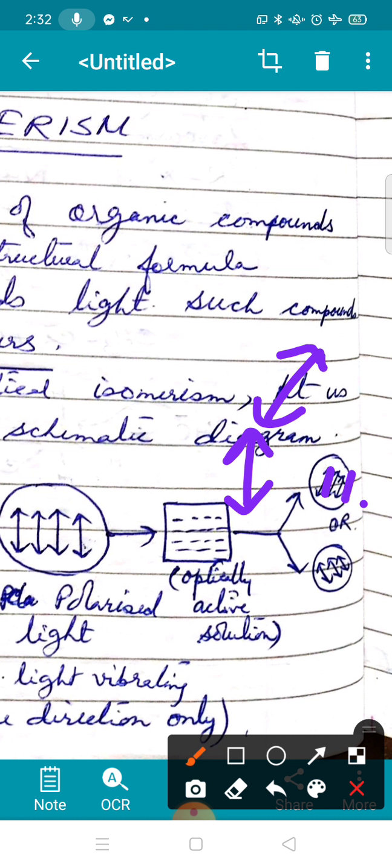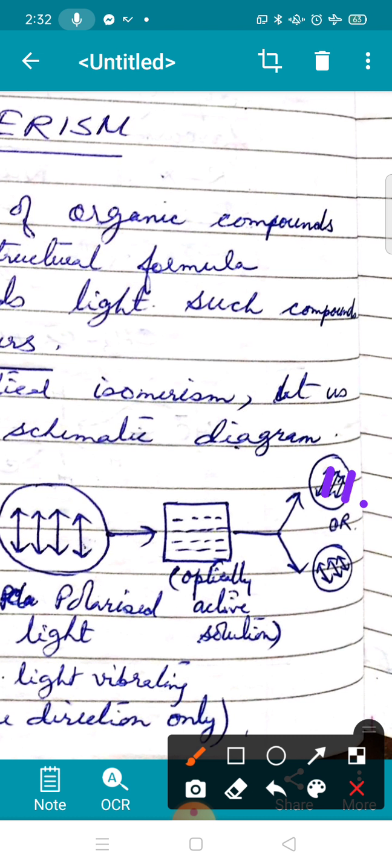If such thing happen, then the solution of optically active compound is called dextrorotatory. On the other hand, if the light bends towards left like this, okay, then the solution is called levorotatory.